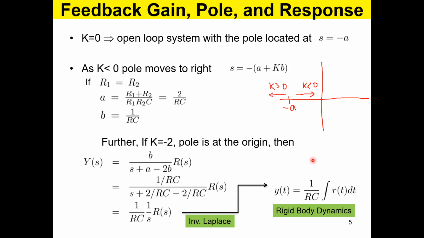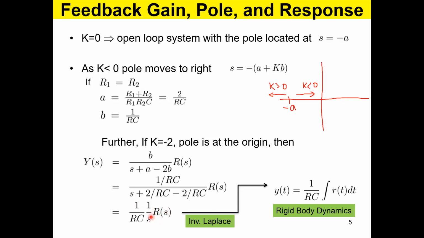So why do I use minus 2? It's because then this becomes 1 over RC, this becomes just s. So when the gain is minus 2, you attain a very interesting situation in your feedback system. That is 1 over RC, 1 over s, R(s). So this is the response, Y(s), for an input, R(s).